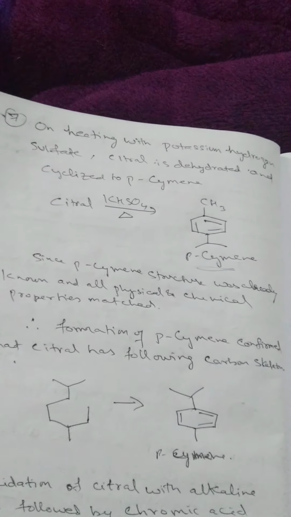And then what they did is they reacted it with potassium hydrogen sulfate. Now potassium hydrogen sulfate is a dehydrating agent, it absorbs water. And then when they heated it, they got this molecule, paracymene. Now this paracymene, they had some idea that it must be from citral, and they formed this. And this paracymene was known previously. They had characterized it completely, and they saw that all the physical properties, melting point, boiling point, and the chemical properties, everything matched exactly like that of paracymene.